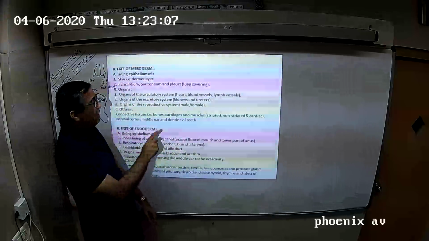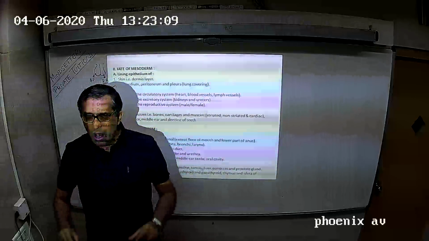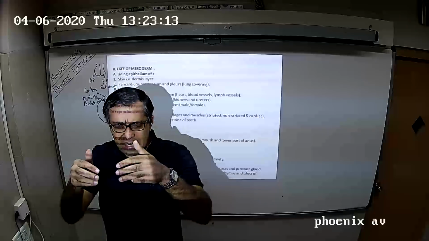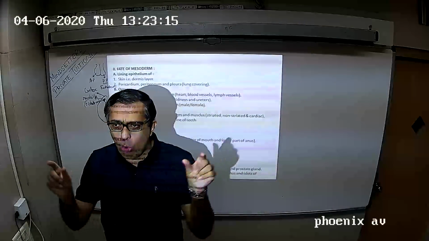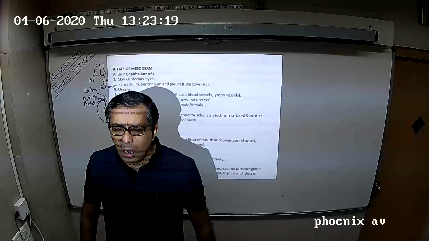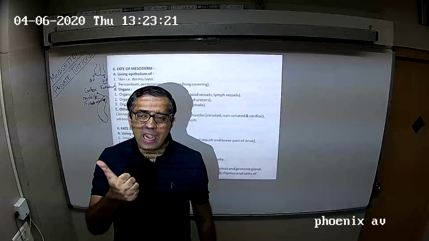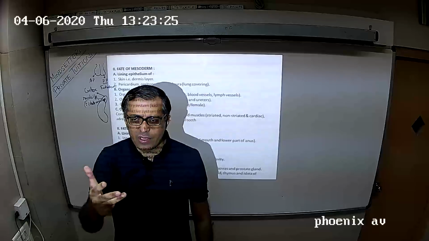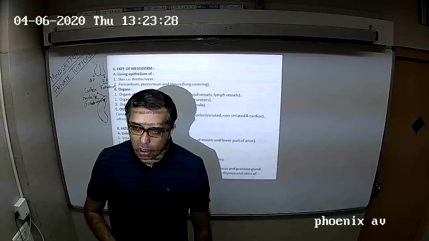Organs of the reproductive system, testes, vasa deferens, etc. develop from mesoderm. Ovaries, fallopian tube, uterus, vagina develop from the mesoderm. So circulatory system, digestive system, excretory system, reproductive system develop from the mesoderm.